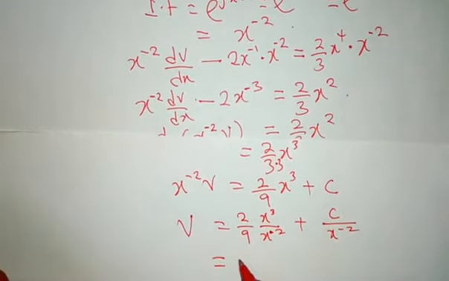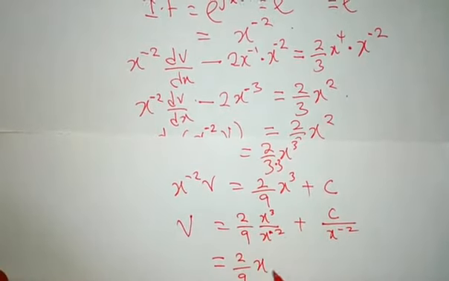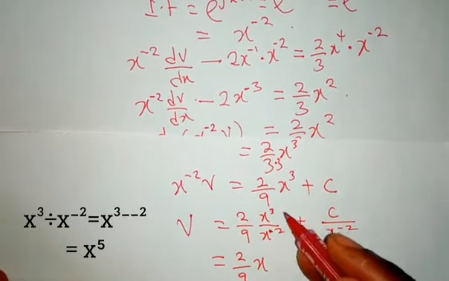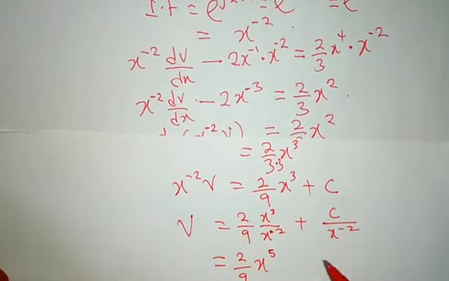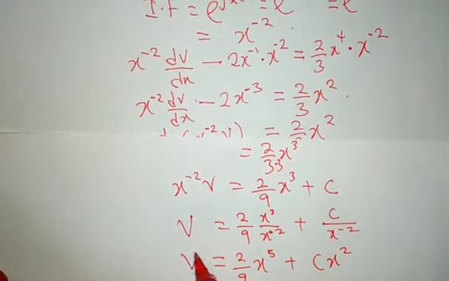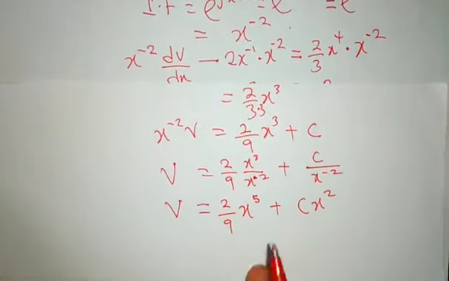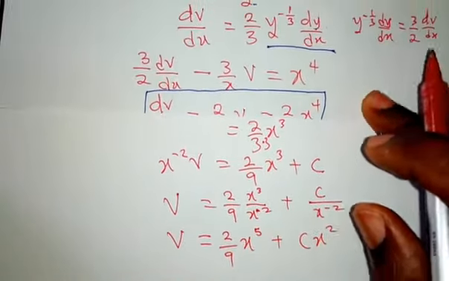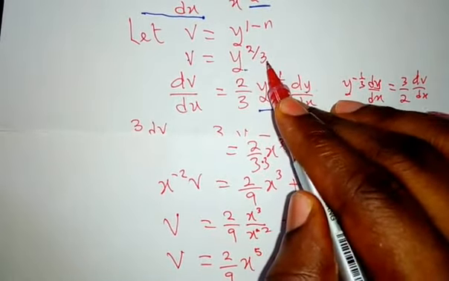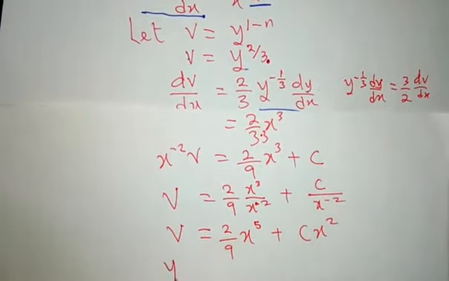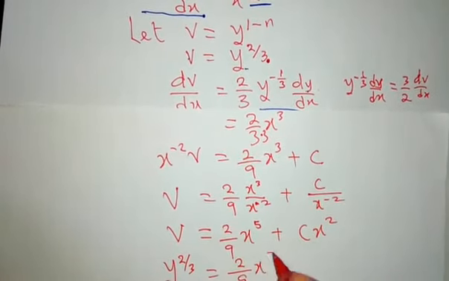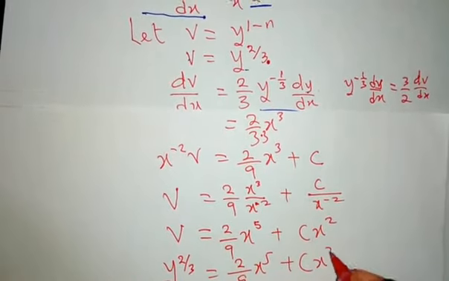And this gives 2 over 9 x to the power of 3 minus minus 2, that is 5, plus c x squared. But recall that v is y to the power of 2 over 3. So we have y to the power of 2 over 3 equals 2 over 9 x to the power of 5 plus c x squared.